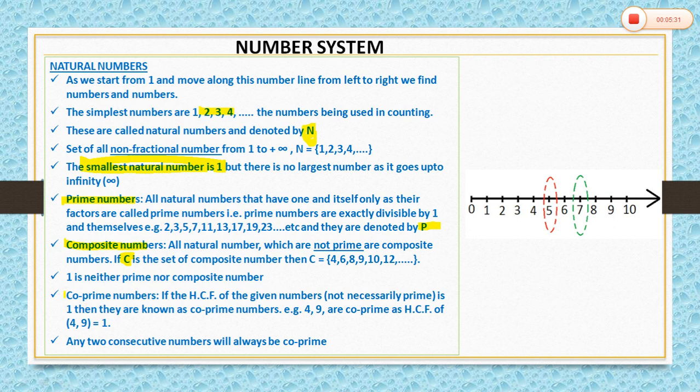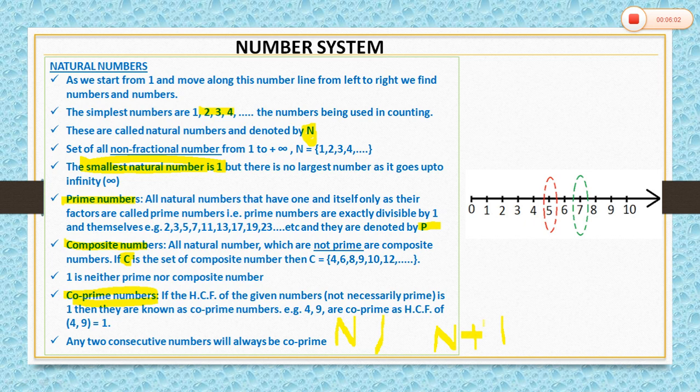Moving towards co-prime numbers. What are co-prime numbers? Co-prime numbers are the consecutive numbers. What are consecutive numbers? For example, there is a number n. Consecutive means the next number will be n plus 1.